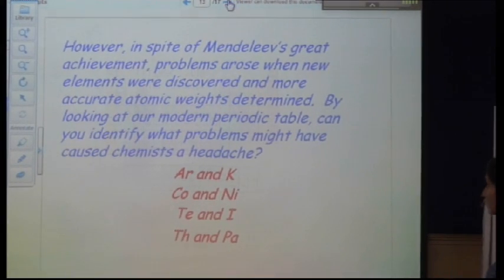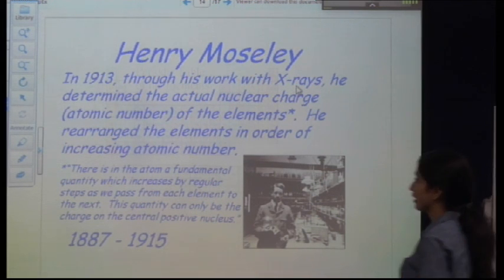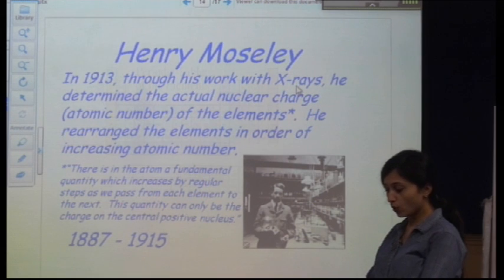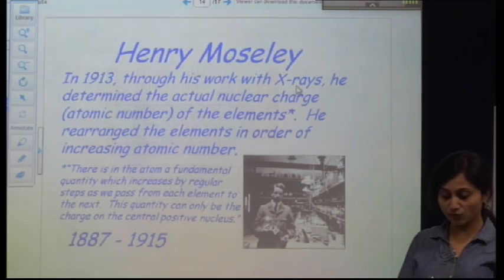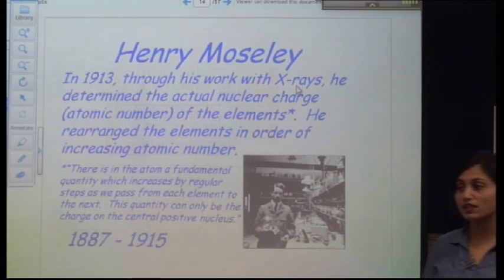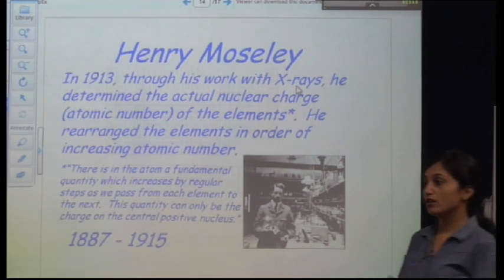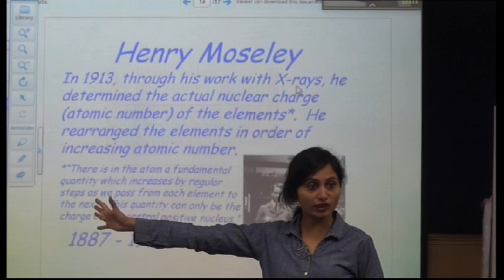Now this is all something that you had done before. The modern-day periodic table was actually given by Henry Moseley, who observed regularities in the X-ray spectra of the elements. Now you know spectra. X-ray means which region are we talking about?